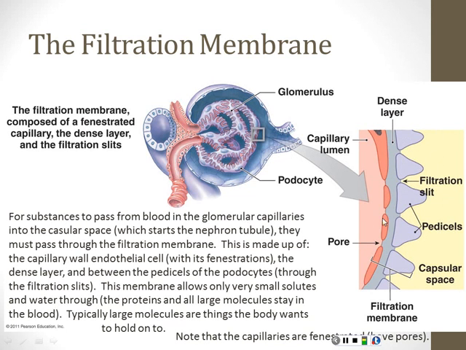So these three things together make the filtration membrane. So the filter between blood and what's going to come into this capsular space to start the process of making urine, right? So just like in the respiratory chapter, we talked about the respiratory membrane. Well, here it's the filtration membrane, which is the endothelial cell, the dense layer, and then the filtration slits in between the pedicels of the podocytes.